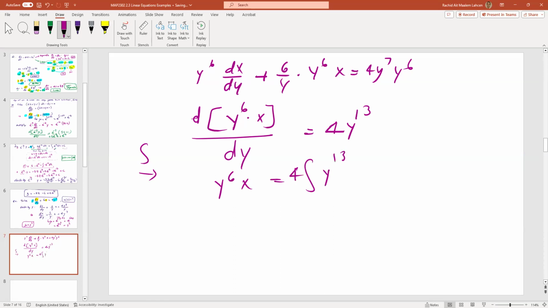Then integrate: y to the 6 times x equals 4y plus c. This is a power function. Then reduce.